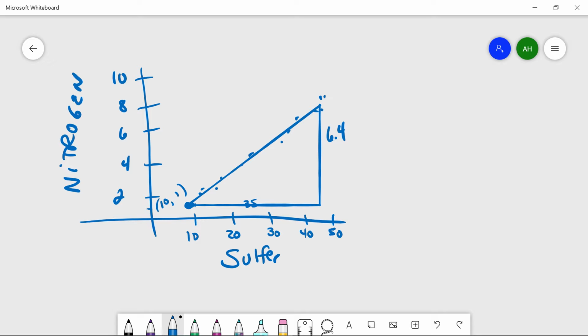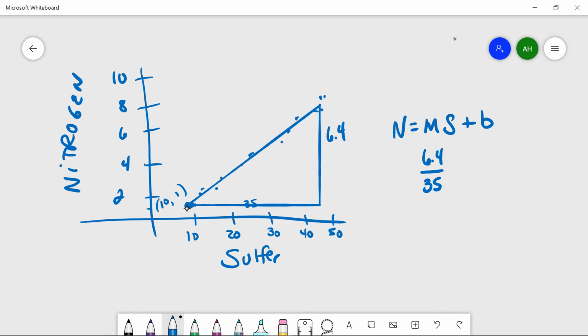Okay, so as I'm looking at this, I've got my equation. My y is going to be nitrogen equals a slope times my sulfur plus my intercept, right? Okay, so as I look at my slope, rise over run, I'm going to rise up 6.4. I'm going to run over 35, right?